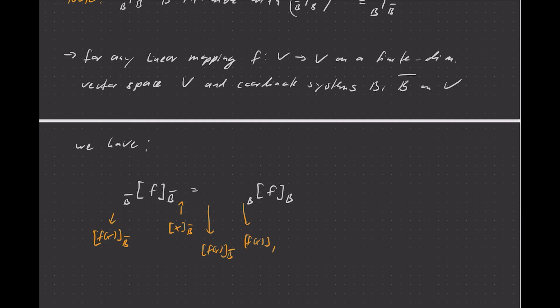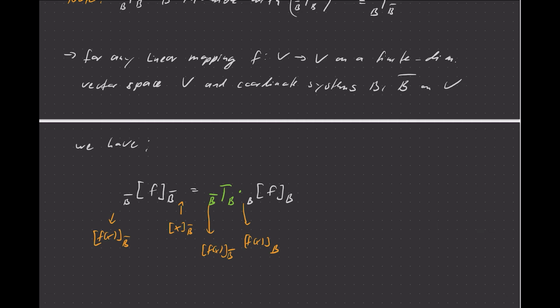in B coordinates. So to get from B to B bar coordinates, of course, we need to add a matrix transformation. So we need to add this transformation here. We need to take the result of this matrix here and transform it to our basis B bar.